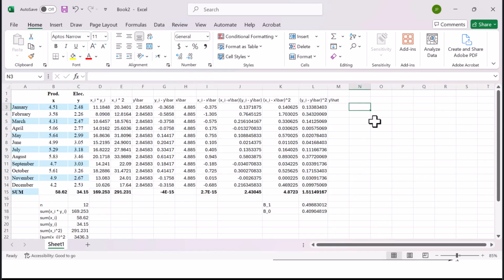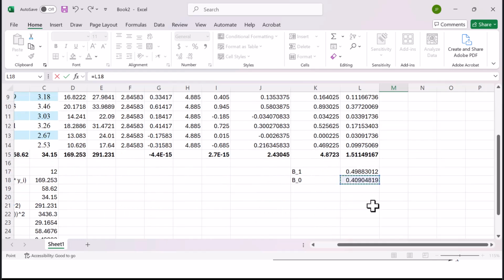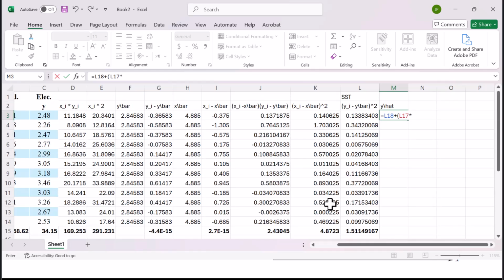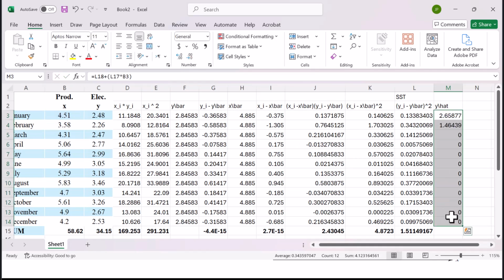Now here we can find y hat. So this yi minus y bar squared, this is known as SST. And for y hat, this one is equal to beta 0 plus beta 1 multiply this one, x value, right? So we can do this one for all. And we need to fix these two.